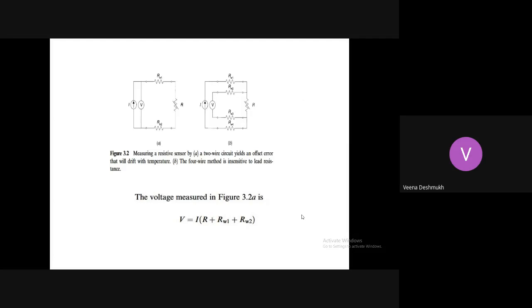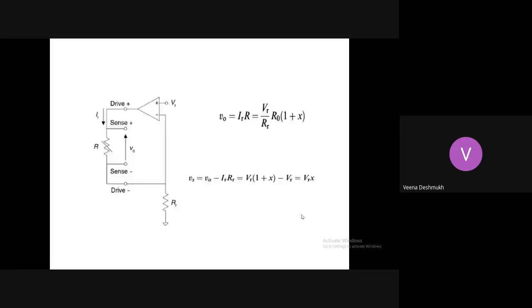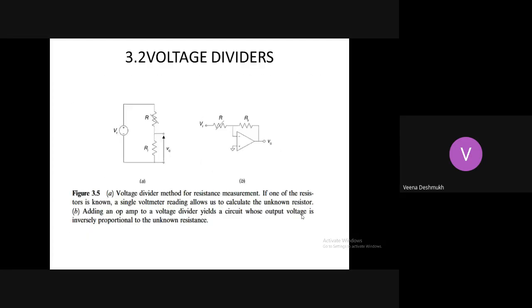Now, in continuation with that, we'll go ahead with one more network, a simple voltage divider network, in which we divide the entire resistance into two portions. Here you can see the variable resistance is basically our sensor element. In this chapter it is represented by variable resistance, the sensor element.